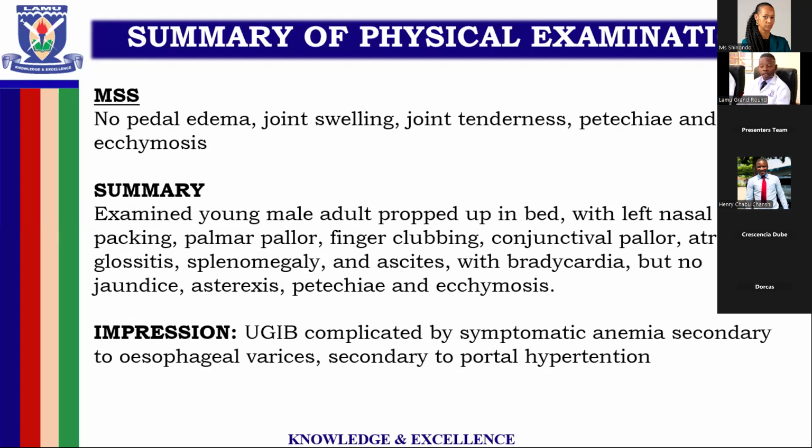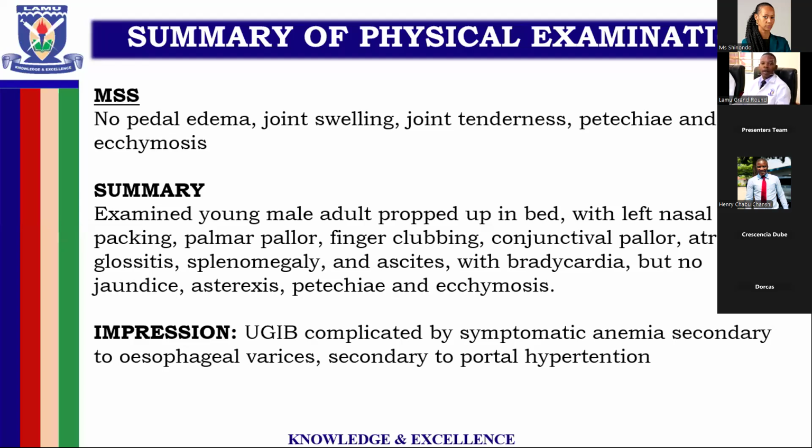Our impression was upper gastrointestinal bleeding complicated by symptomatic anemia secondary to esophageal varices, secondary to portal hypertension. Our thinking being, in the examination, we found palmar and conjunctival pallor, hence justifying our reasoning that he is anemic.